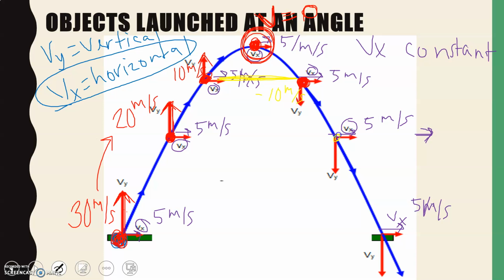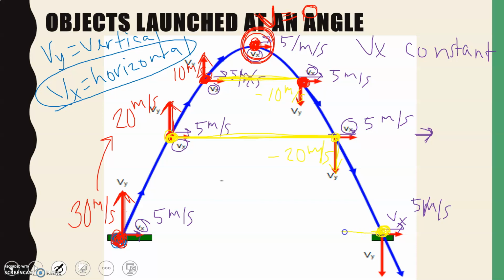All right, go into position 6. You'll notice that it matches this position over here. Same height. So our vectors are the same length, meaning if over here the vertical velocity was 20 meters per second, over here it is now negative 20 meters per second. All right, and then our final position.